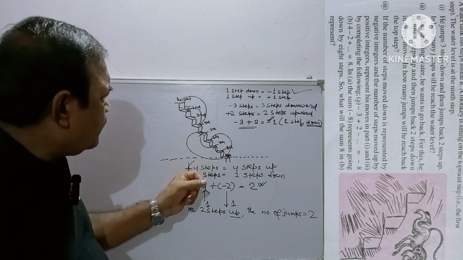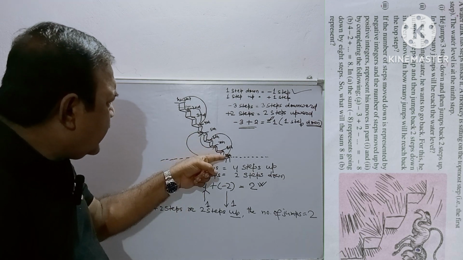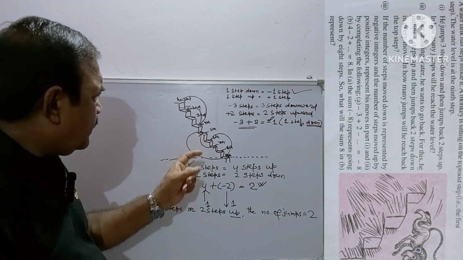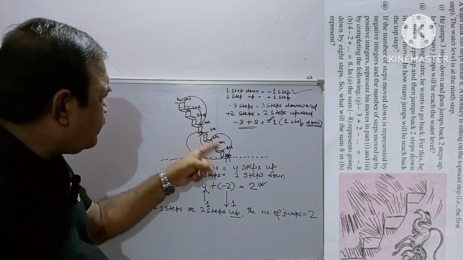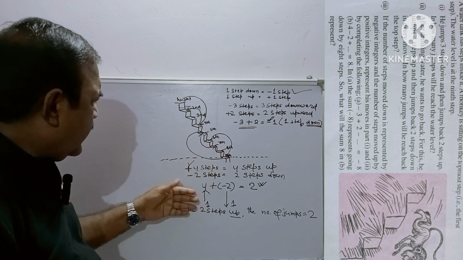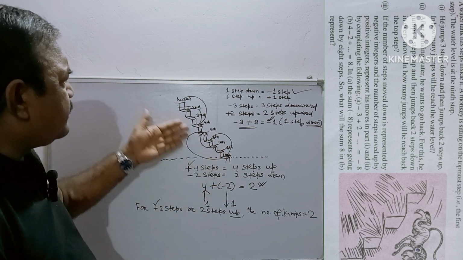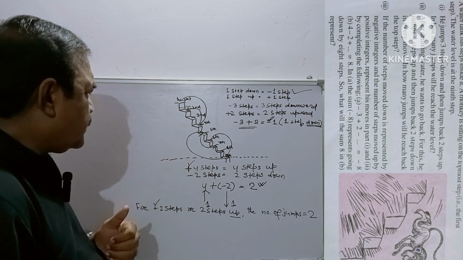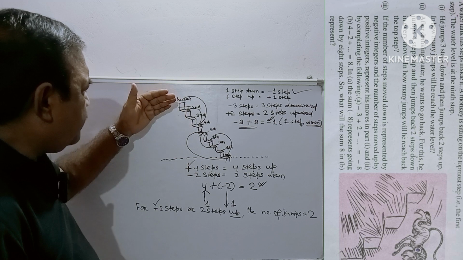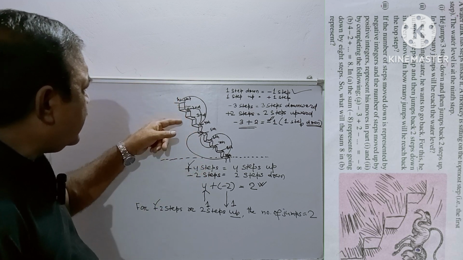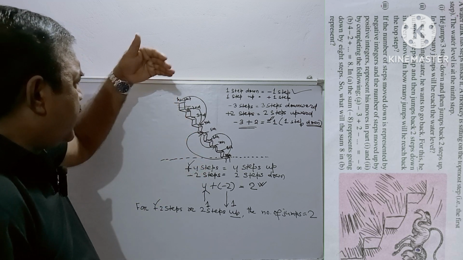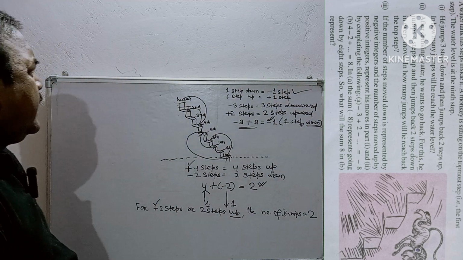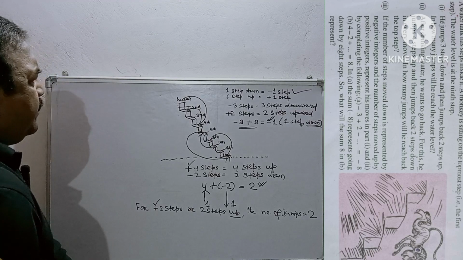But you mark here, in the first movement when the monkey was moving downward, what was happening? In the last jump, when he reached the 9th step, he jumped 3 steps, that means from the 6th step to the 9th step. So when he returns from the 9th step, he wants to reach the first step. How does he move? He moves 4 steps up, then 2 steps down, like this. But in the last jump, he will move 4 steps. Yes or no? So where will he be?